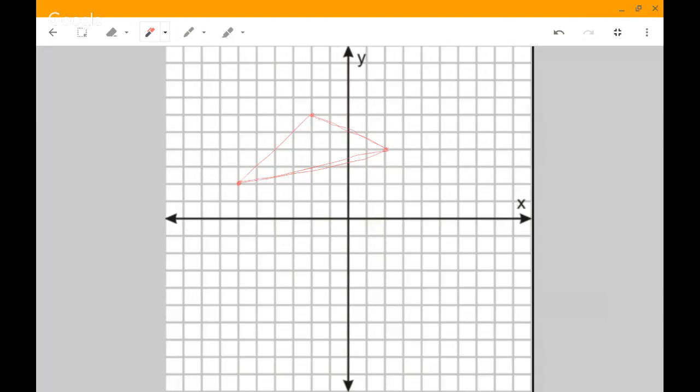I'm guessing your midpoint's going to be -2, 4. That's correct. Do you have a method to your madness, or are you just looking at what looks like it might be right?